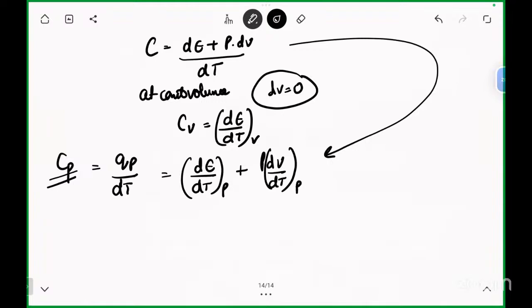I'm just separating the above equation. Just take P outside, because we are talking about constant pressure. P dV over dT. And we know that H is equal to E plus PV.